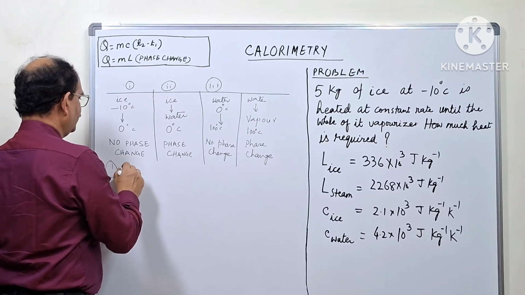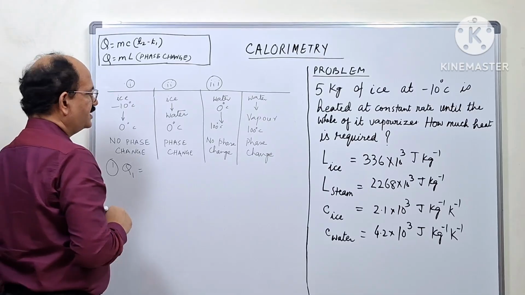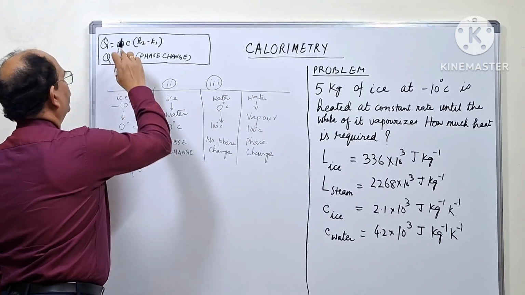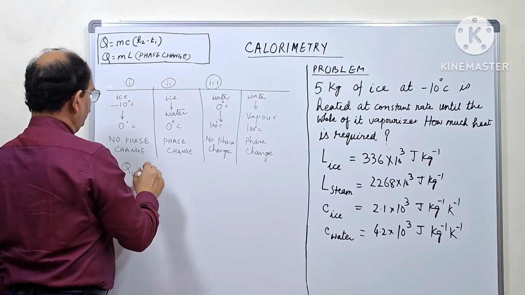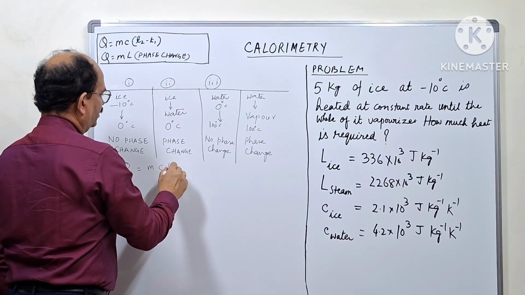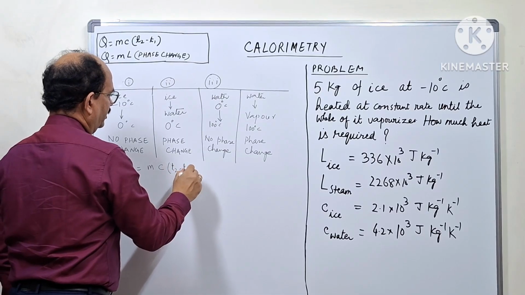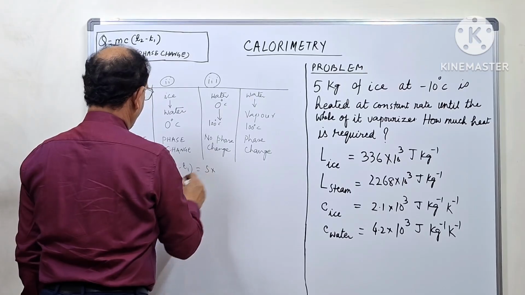First stage is the stage of no phase change. So as I told earlier, we will use the specific heat formula if there is no phase change involved. So this will be equal to M into C into T2 minus T1. Now ice is changing. There is 5 kg of ice.